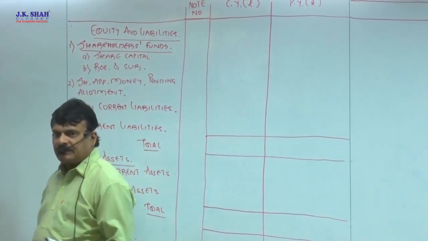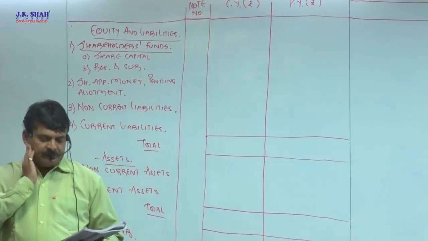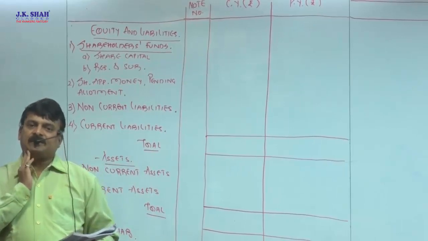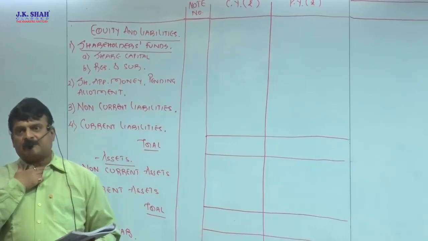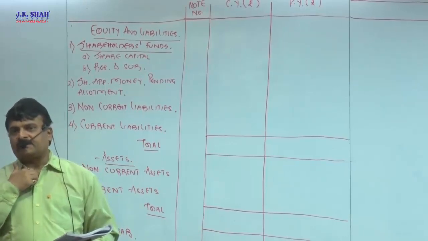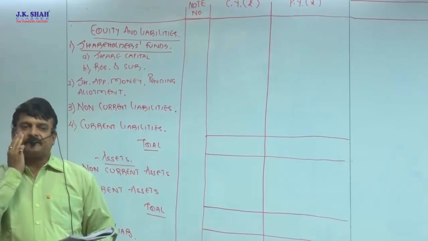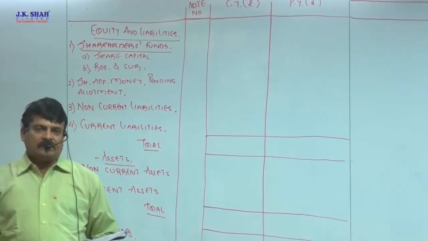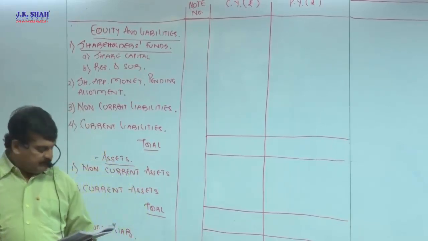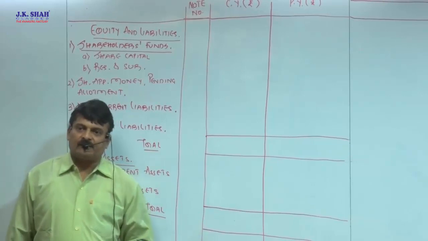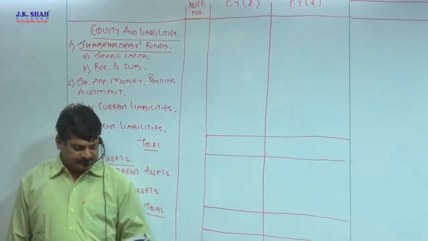Cash in hand, cash and cash equivalents. Balance with banks, same. Preliminary expenses is other current asset. It's a fictitious asset. Patents and trademarks, intangible assets.